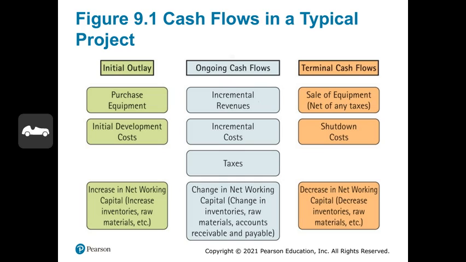This is incremental just from doing this project. And then you also have costs associated, the ongoing costs of running the project. You've got taxes, and then you potentially have changes in net working capital as things fluctuate in inventories and accounts payable and accounts receivable.